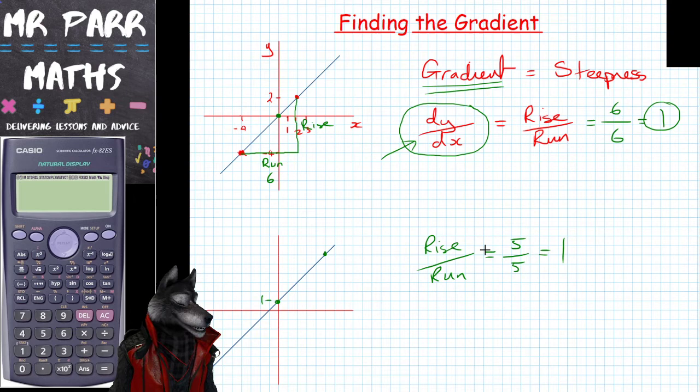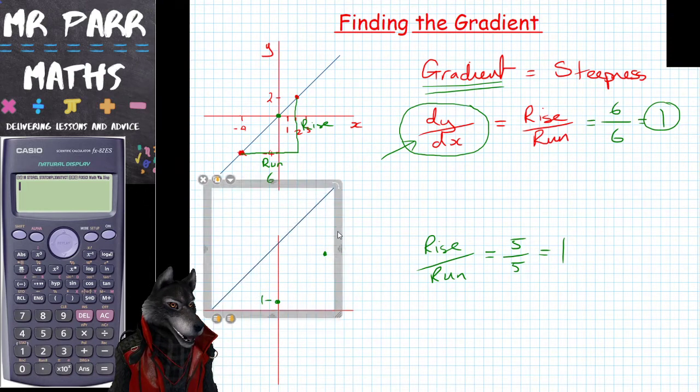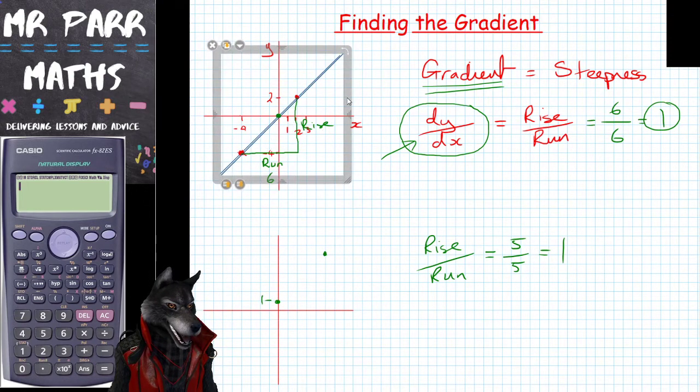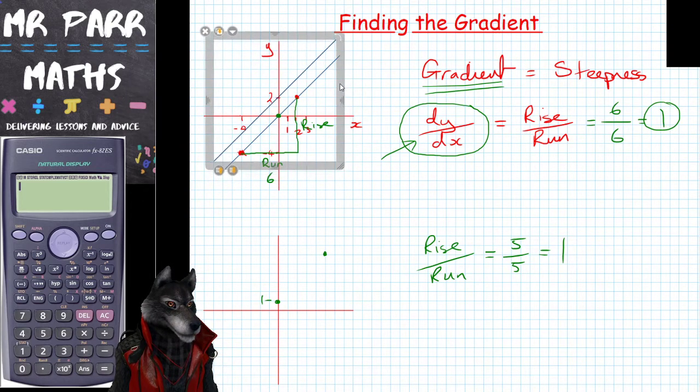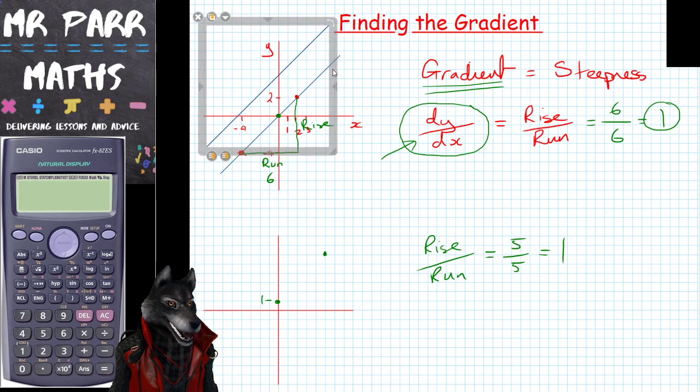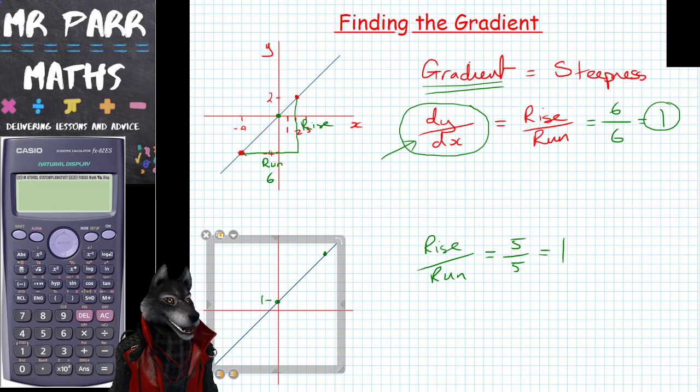Now this tells us something else really pretty cool actually. Because they have the same gradient, I know that if I was to pick up this line and to move it, they are in fact the same line, just in different positions. So that tells us something actually about this graph, and what it tells us is that they're parallel lines.